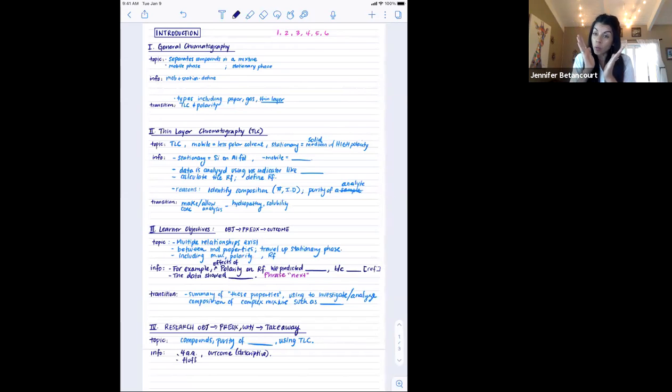Oh, and then this is how we're using TLC. Here are the things that we're going to use TLC for. So it starts broad, narrows down, and then you end with the boom, the fireworks. This is our take home message. Like, so interested in reading, flip the page.